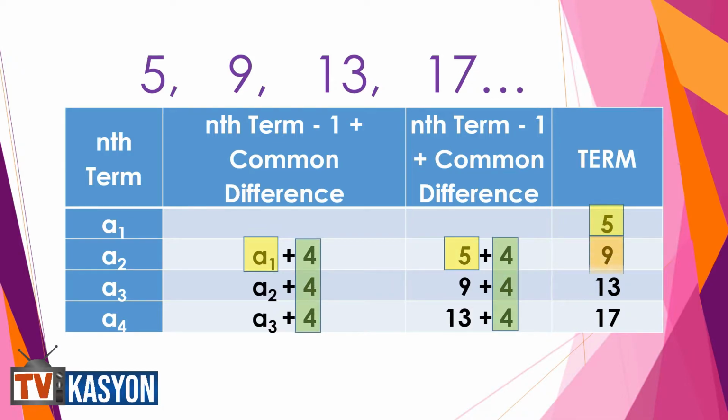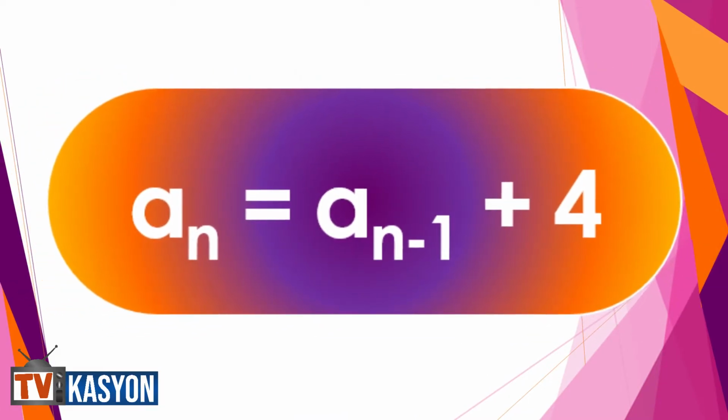For the succeeding term, just add the preceding term to the common difference and so on and so forth. Therefore, the recursive formula of the sequence is a sub n equals a sub n minus 1 plus 4.